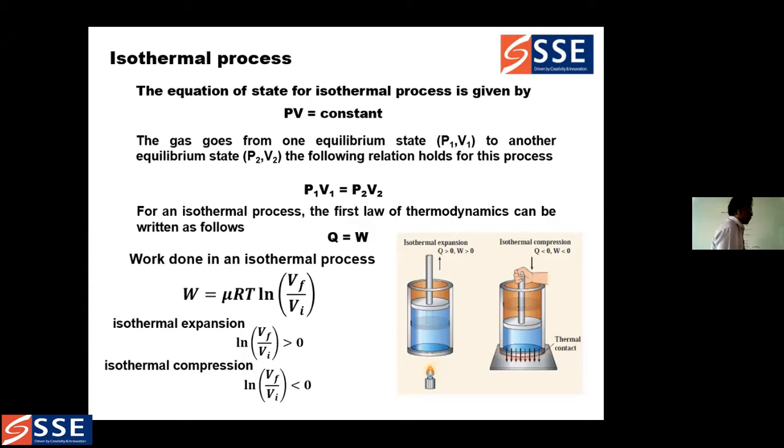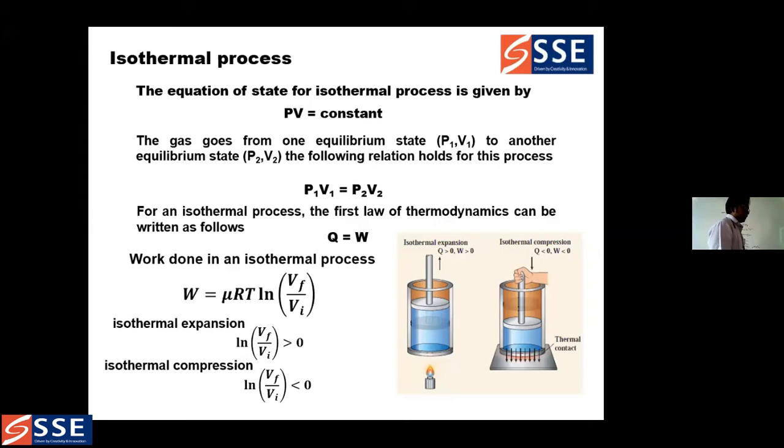The gas goes from one equilibrium state to another equilibrium state. Initially it has pressure P1 and volume V1, then it changes to some other pressure P2 and volume V2. Even if pressure and volume change, it maintains the same temperature, because PV is equal to nRT.